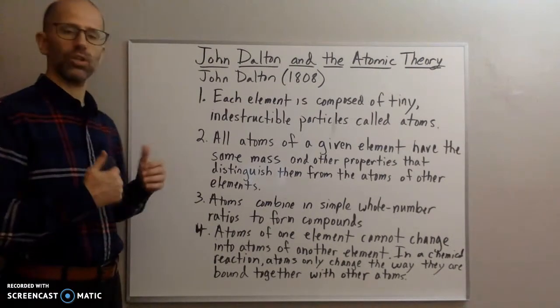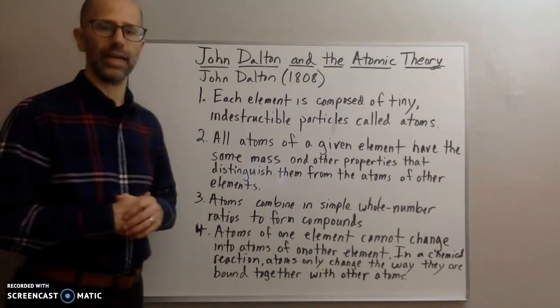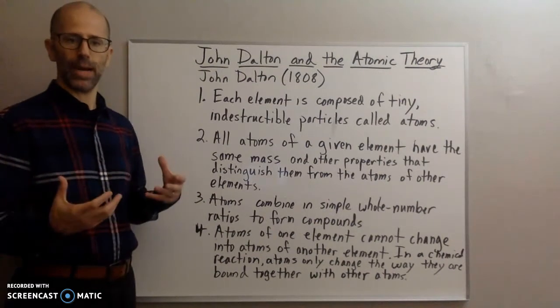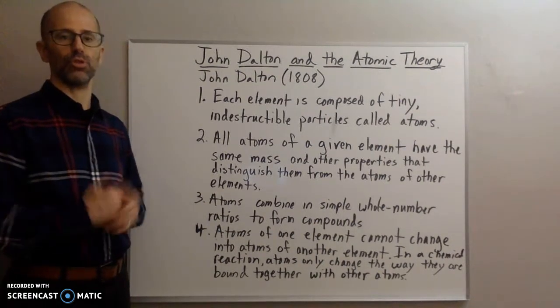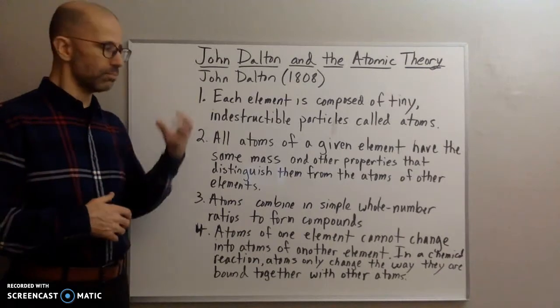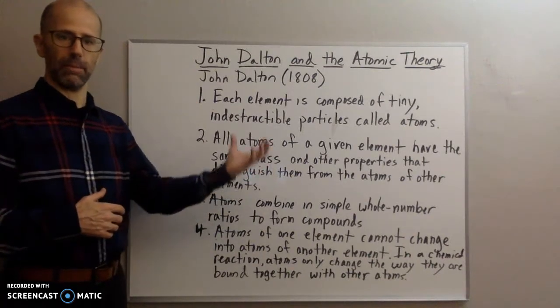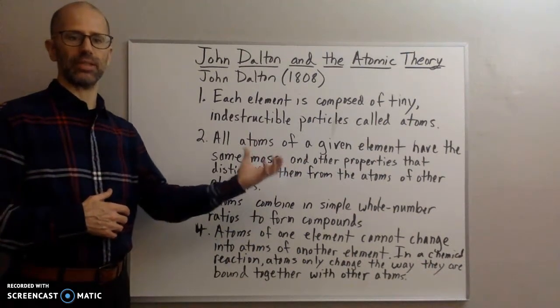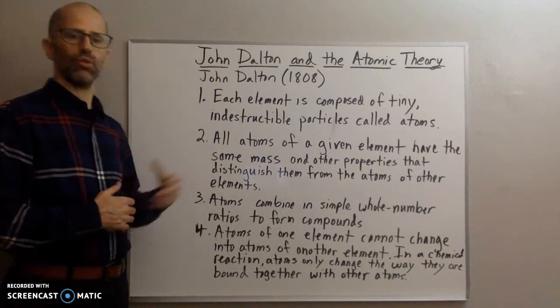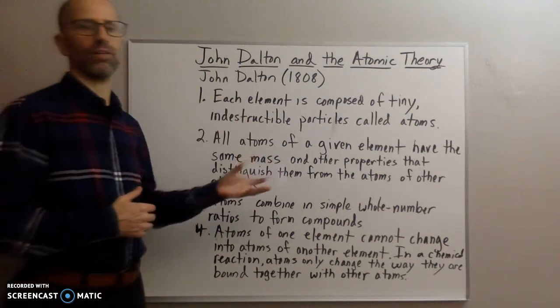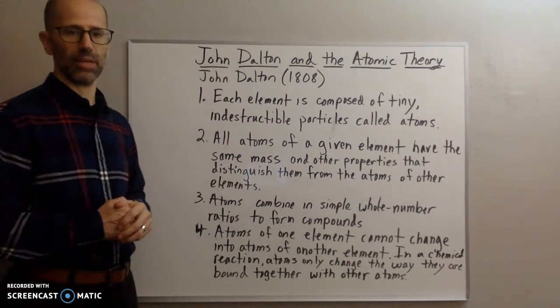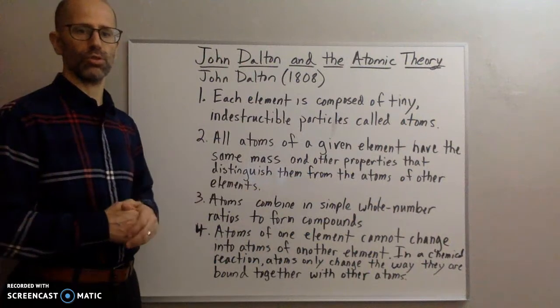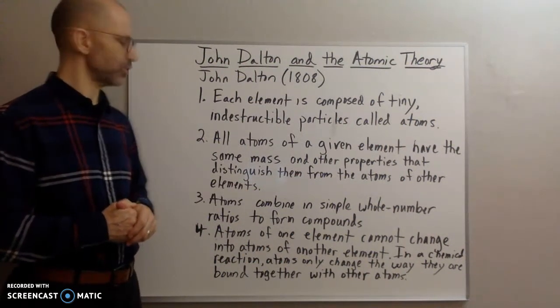And then the law of multiple proportions was that if you have two compounds made up of the same two elements, then when you compare the masses of one element in those compounds to 1 gram of the other element, the ratio of those masses is going to be a small whole number ratio.